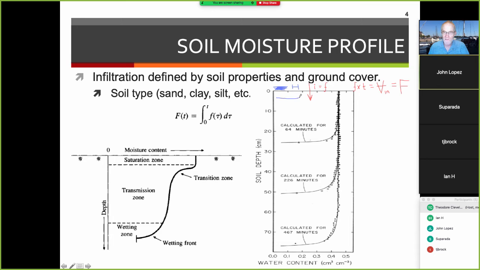If the wetting front's right there, the water pressure at that point is going to be 0 gauge, at 0 atmospheric. And if we consider everything behind it as wet, we can apply Darcy's law at the soil-water interface and the wetting front. The head at this end is cap H. The head at this end is going to be 0 minus Z.